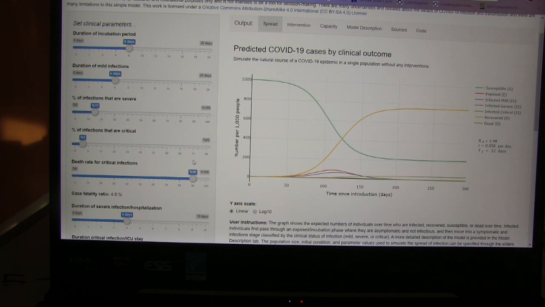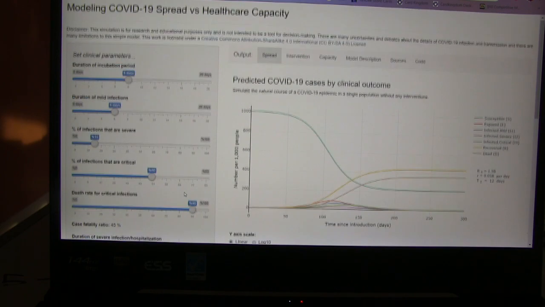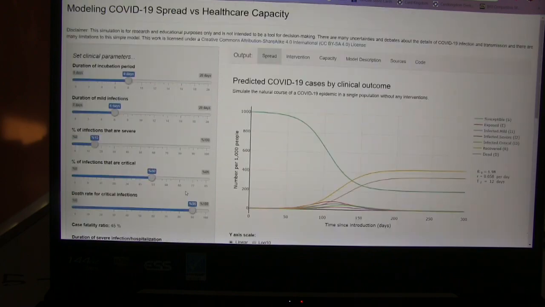If you make it like 90, it rises by maybe 2.5%, but if you increase the number of infections that are critical, it really starts to impact it. Oh, okay. So what happens if we raise this to 50%, this becomes 45%. So sort of proportionate to what these are. These two can really affect it, not infect.